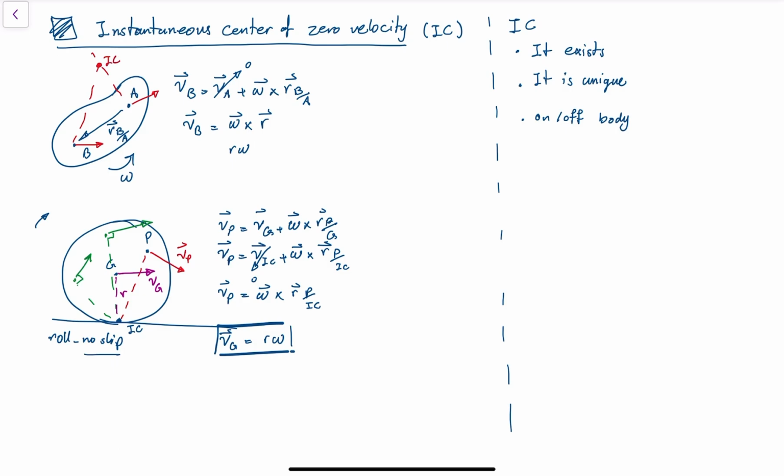If you have the velocities, you can find it. We will talk about how to find this IC in the next video. But it could be outside the boundaries of the body. But you can always find it.